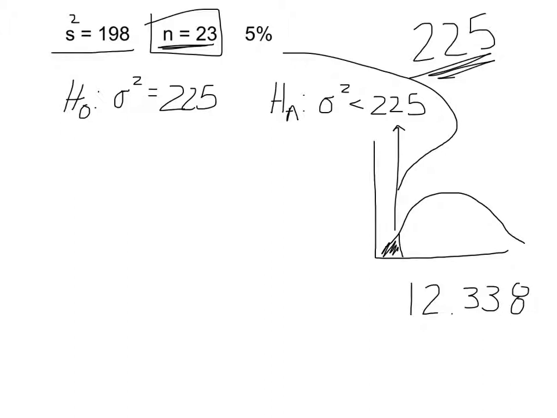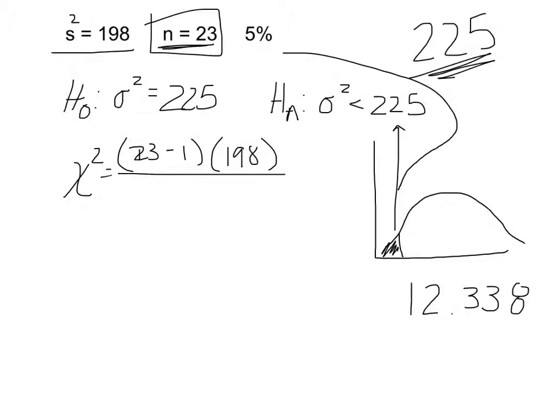And now I'm going to find my test statistic. I'm going to plug this in, and I end up with 23 minus 1 times s squared, which in this case is 198, all divided by the accepted population variance, which is 225. This is going to give me a test statistic of 19.36.